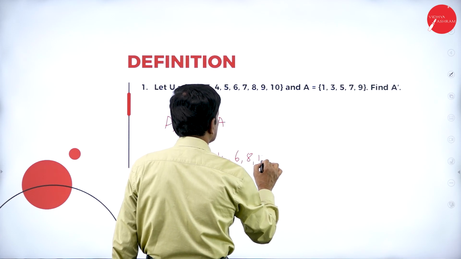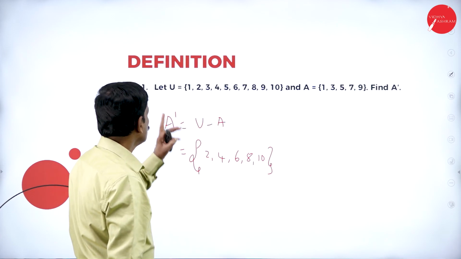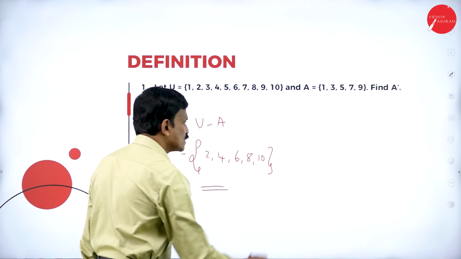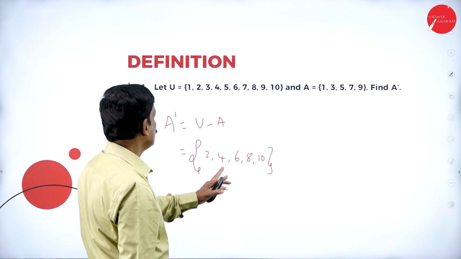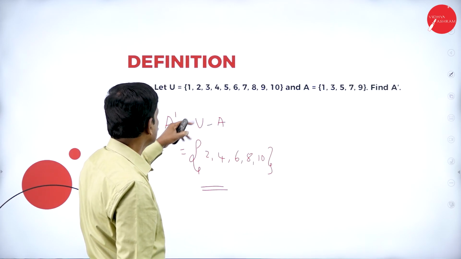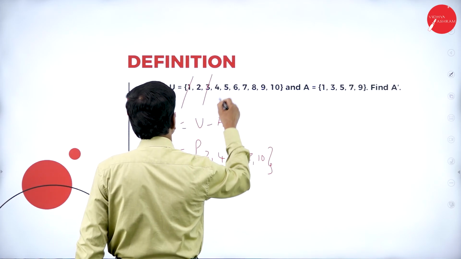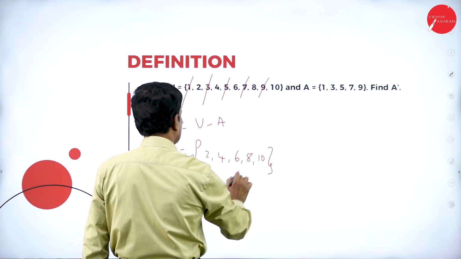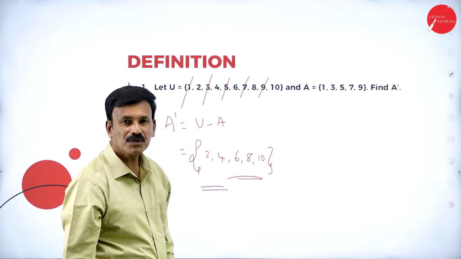So 2, 4, 6, 8, 10 is A dash, the complement of A. So 2, 4, 6, 8 and 10 come under the complement of A.